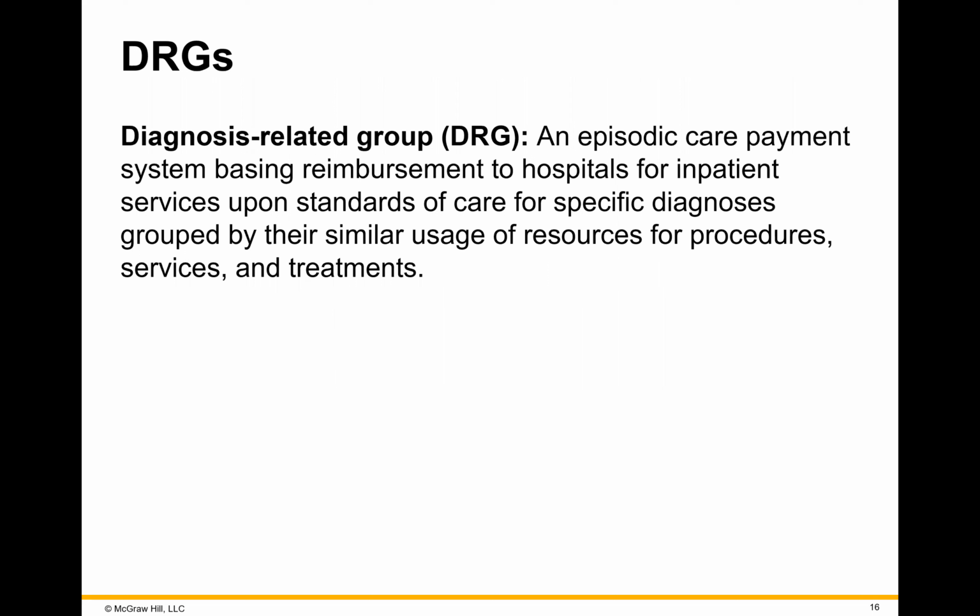Basically, they're diagnosis-related groups. So this is a kind of prospective payment system that's reimbursing hospitals for inpatient services based on like diagnoses. So what determines it is the principal diagnosis and some other factors, as we'll see.